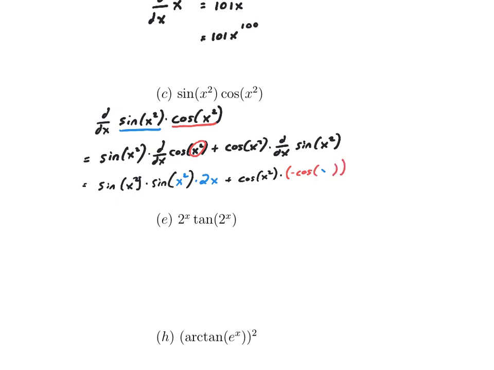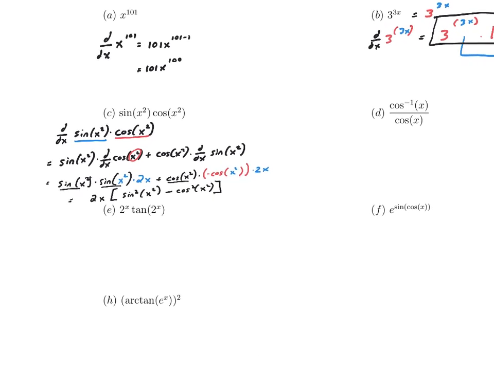And on the inside we have x squared, and then we have the derivative of the inside, 2x. Now you'll notice I can factor out a 2x from both sides. So I really just have 2x sine squared x squared, because I have two of those little guys there, minus, and then I have two cosines here, that's going to be cosine squared x squared here.